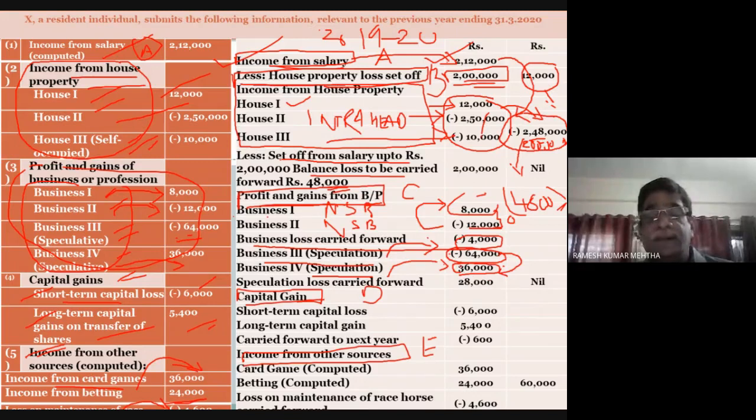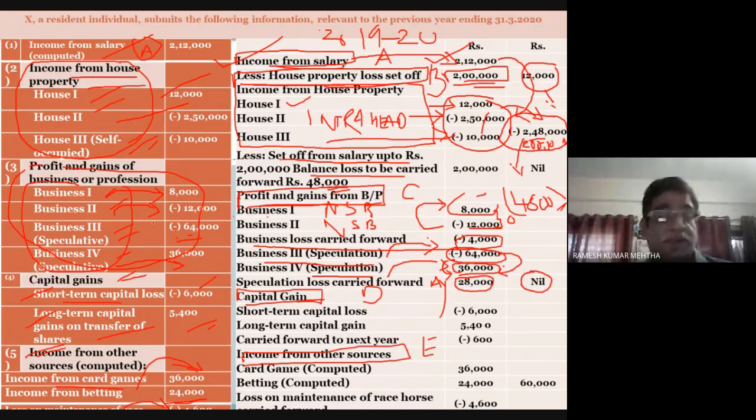However, in this case, the speculative loss is very huge in comparison with the speculative business profit. Hence, that could not be fully set off. So out of 64,000 loss of speculative business, you can set off 36,000 rupees, and the remaining 28,000 rupees of speculative loss should be carried forward for the next 4 assessment years till it can be set off. So there is eventually no business income.